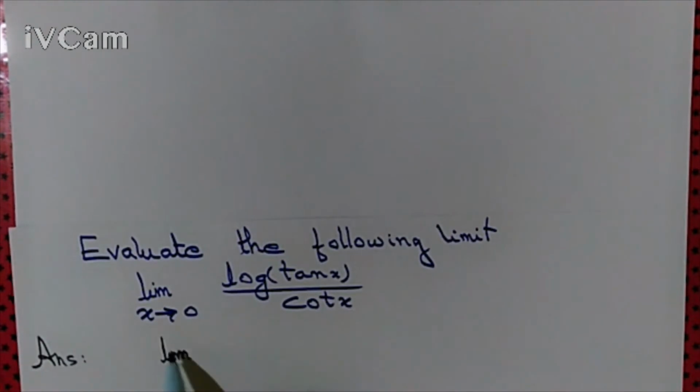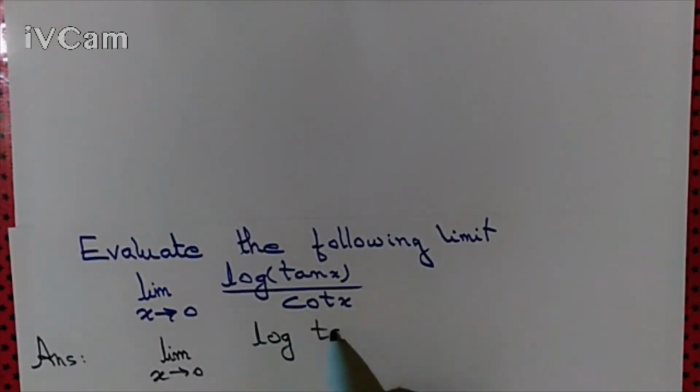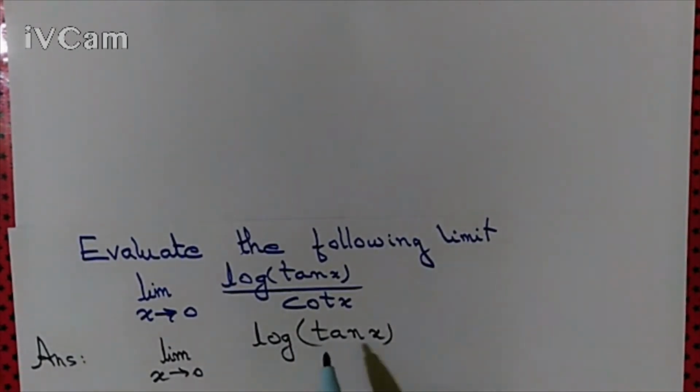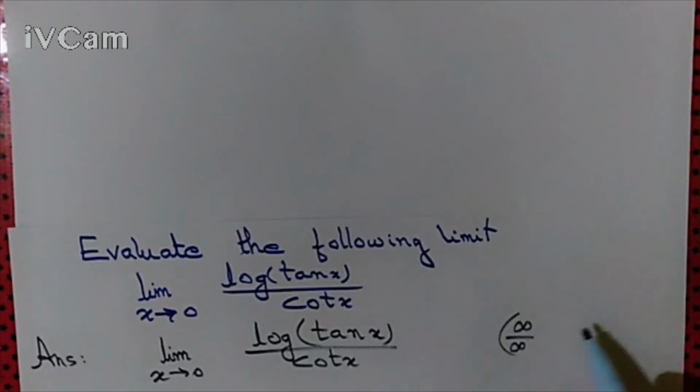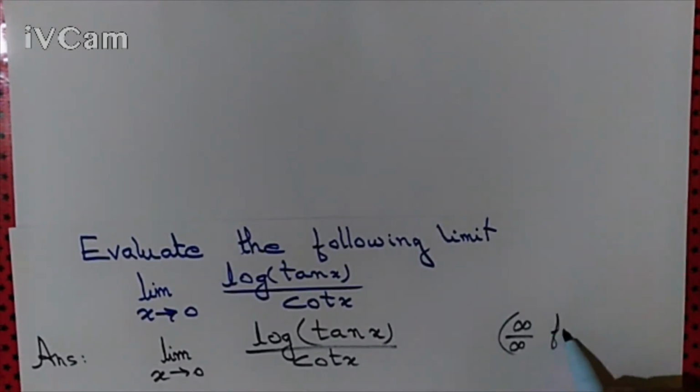Limit x tends to 0 log of 10x. As x approaches 0, tan x approaches 0, and so log of tan x approaches infinity. So it is of the infinity by infinity form.